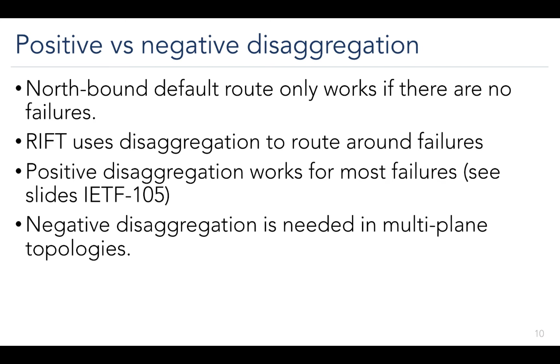It works in addition to positive disaggregation to deal with one specific type of failure that only happens in multiplane topologies. Even though you don't need negative disaggregation in single plane topologies, it is still one of the most interesting and most novel parts of Rift, and I hope and I expect that it will have an influence on the design of other routing protocols as well.